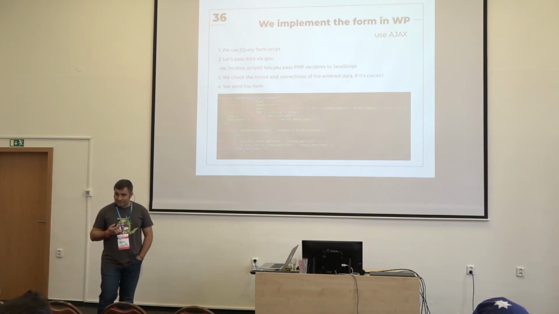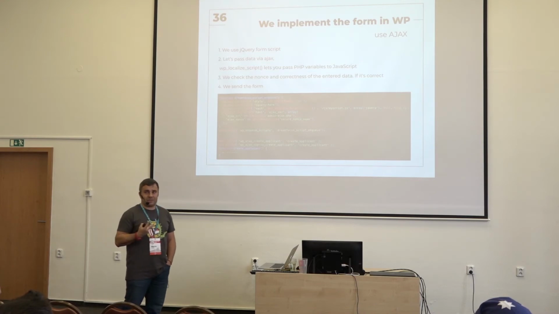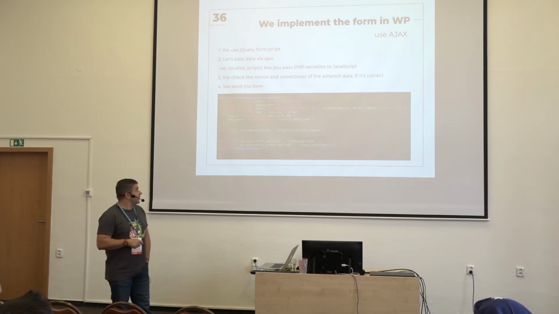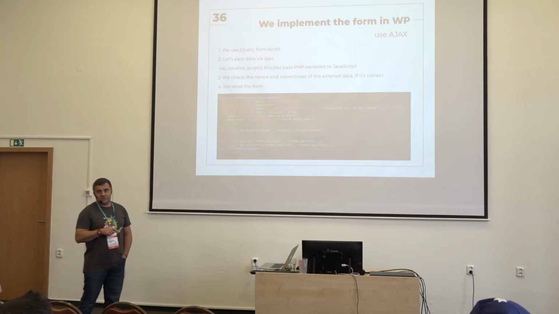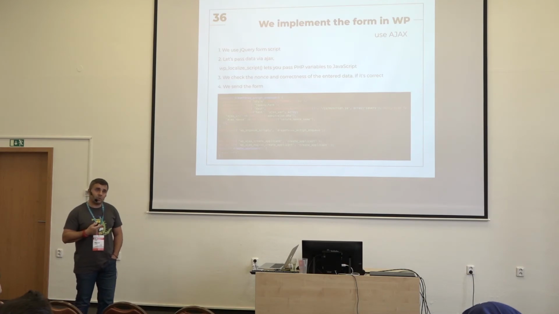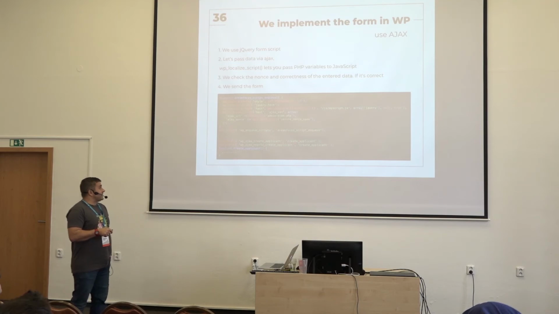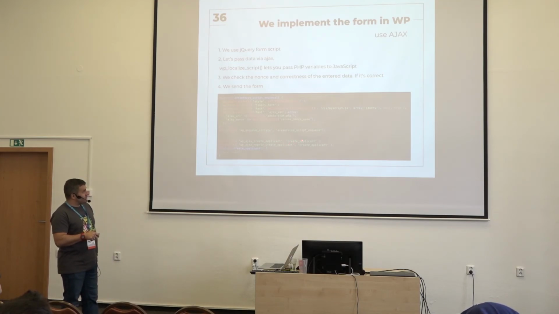It's very important that this name should start like this. And why do we use those two actions, not only one? Because one action is for a logged-in user and another action is for a not logged-in user. And we would like our form to work for both types of user. Okay? And the second parameter is the name of the function.